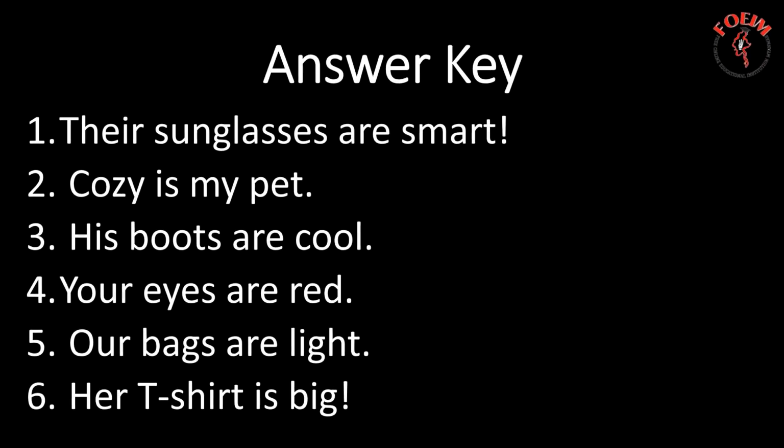Check the correct answers. Number 1, their sunglasses are smart. Number 2, Cozy is my pet. Number 3, his boots are cool. Number 4, your eyes are red. Number 5, our bags are light. Number 6, her t-shirt is big.